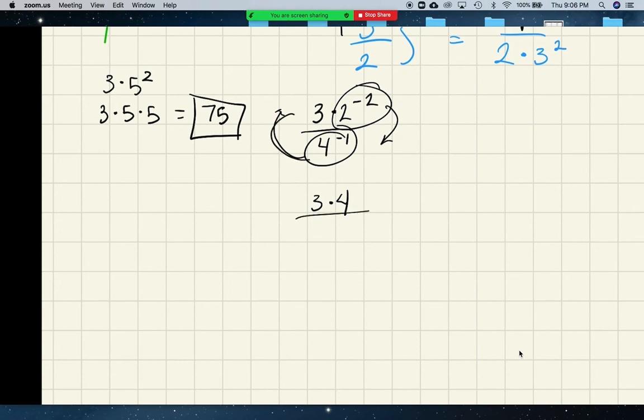And then 2 to the negative 2, that would be 2 to the positive 2 in the bottom. And then you just do the top on its own, 12, and the bottom on its own, 2 to the 2 is 4. And then 12 divided by 4 is 3. So maybe they would have you simplify it like that.